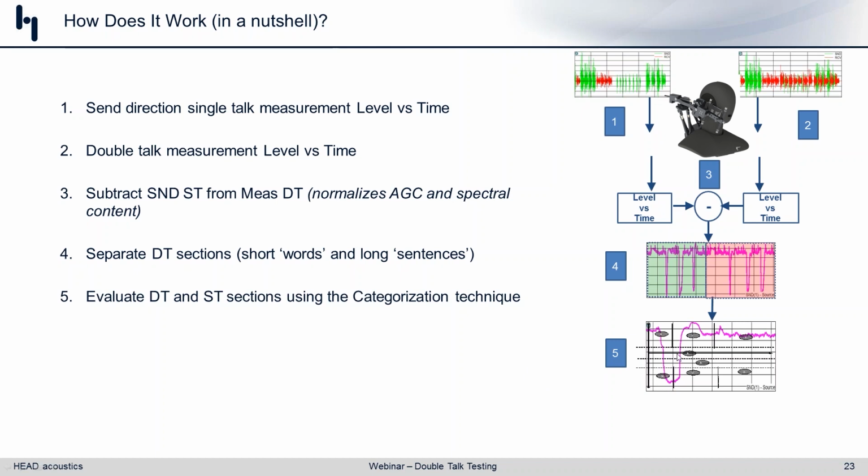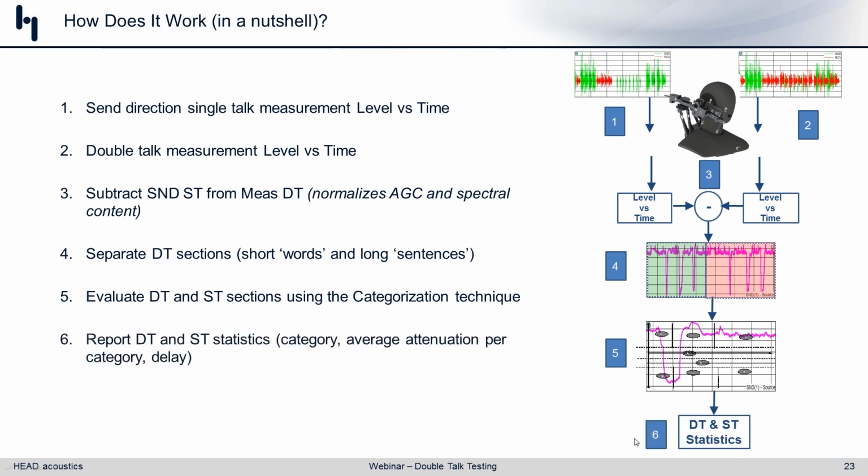And then we'll slot these onto the categorization table that I presented on the slide before, with the A1, A2, B, C, D, E, F, G, and so on, to figure out what type of performance we can classify that device with for double talk.